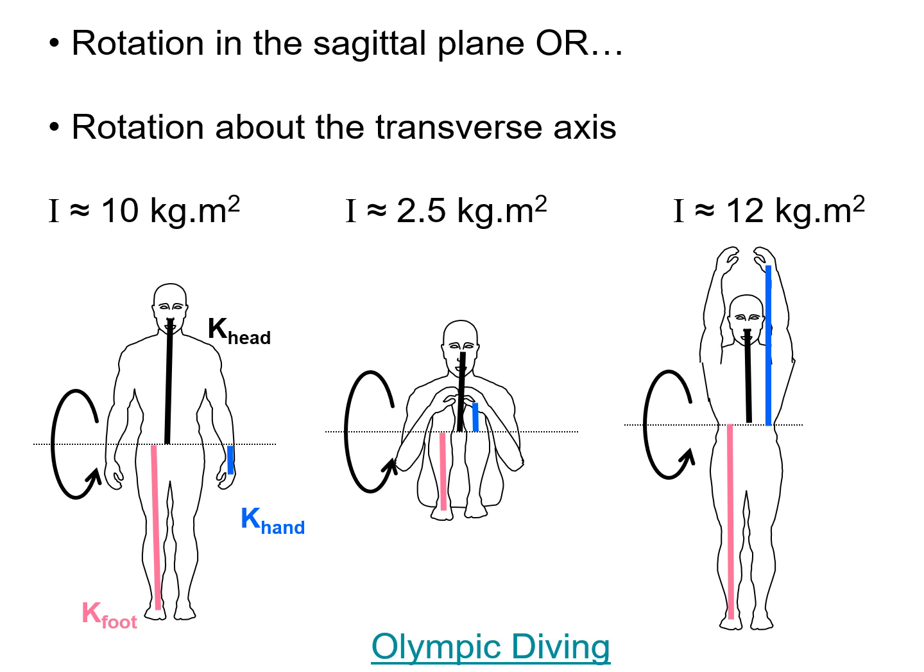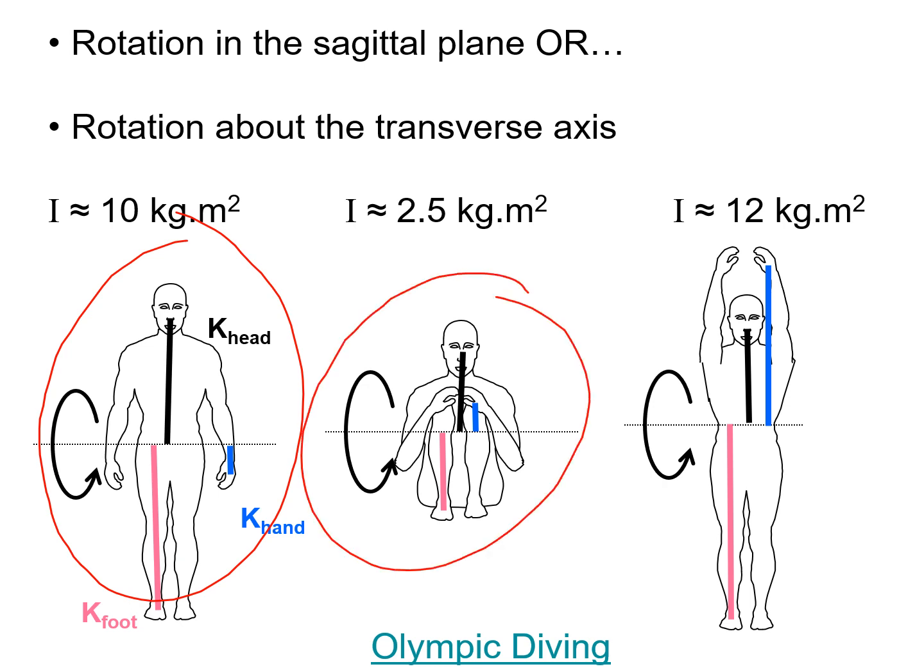When we're looking at Olympic divers, they will start their bounce on the springboard in a normal, relaxed position. When they're up in the air, they tuck in, which decreases their moment of inertia, so they can increase their angular velocity and do multiple tumbles while they're still in the air.